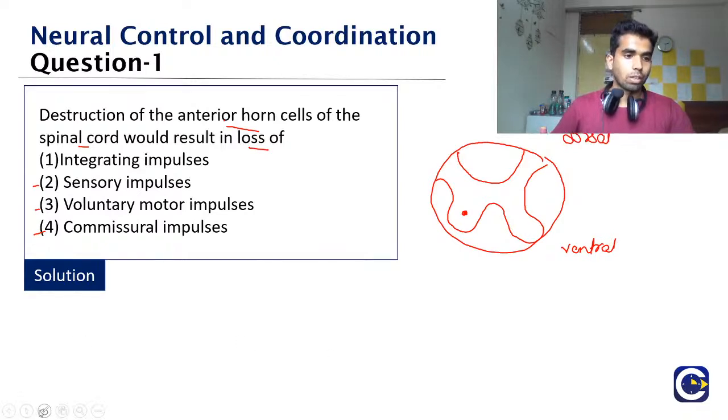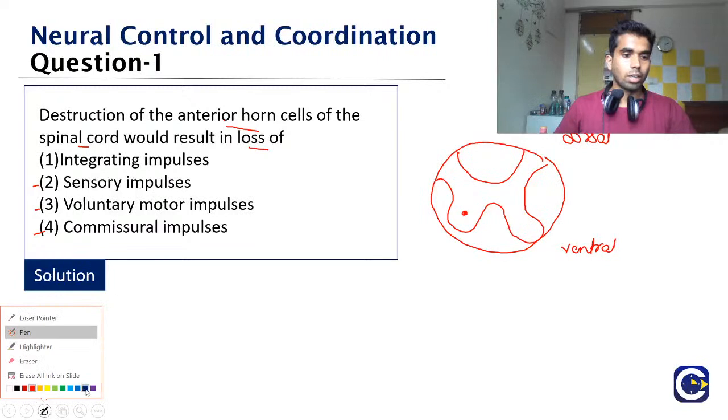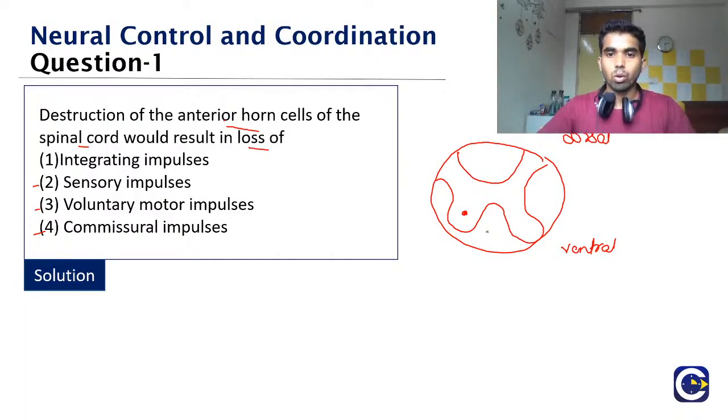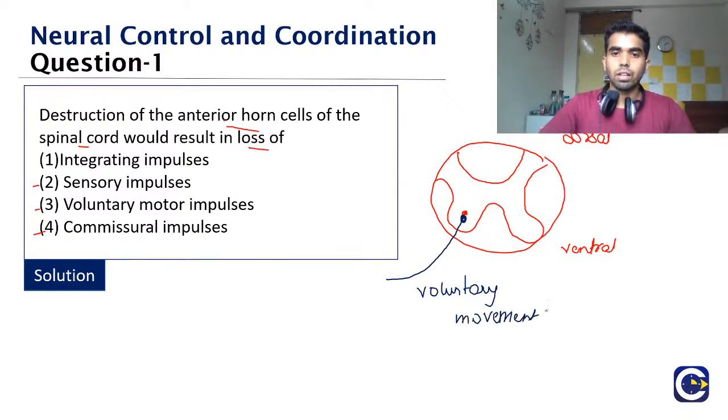In the ventral part there are neurons which regulate the voluntary movements. The neurons from this ventral part give the fibers that control the voluntary movement, and in the dorsal part the nerve comes, and these nerves take with them the sensory impulses.